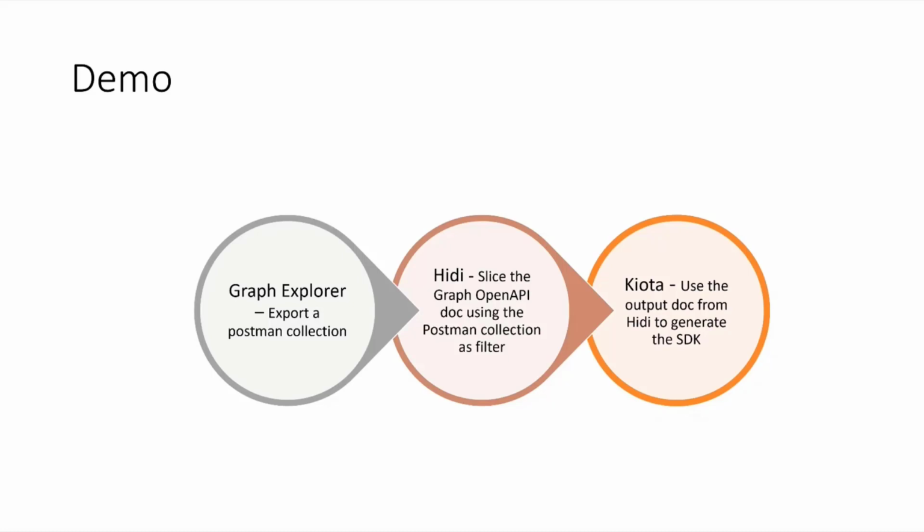Hidi also allows you to validate your OpenAPI documents as well. So I'm going to use Hidi, and I'm going to use the Postman collection that I will get from Graph Explorer. And then that's how I'm going to get my OpenAPI document. With that OpenAPI document, I can ask Kiota to generate an SDK for me.